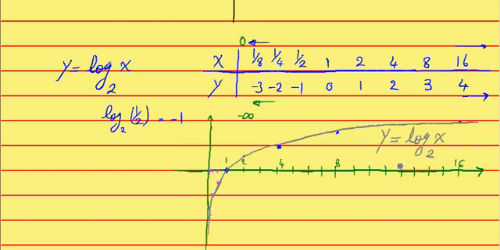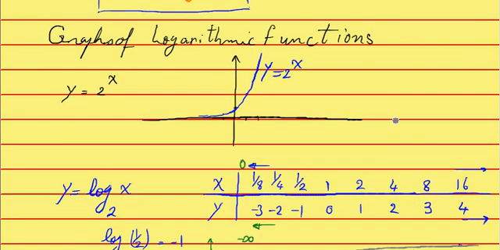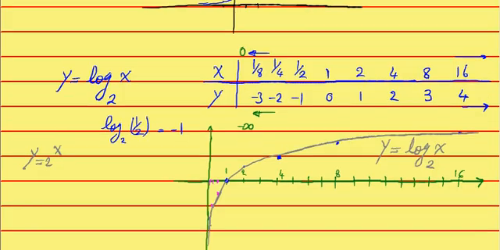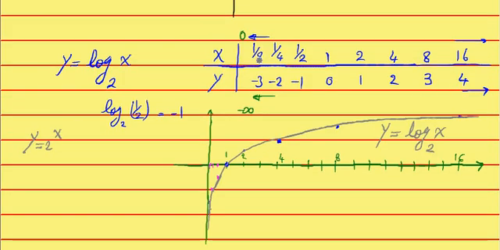Now we did this thing from scratch, but we could have paid attention to the following, that if I were to graph y is equal to 2 to the power of x, the graph we just mentioned here, I'll be using the same table, except that for this one these guys are going to play the role of x, and these guys are going to play the role of y.